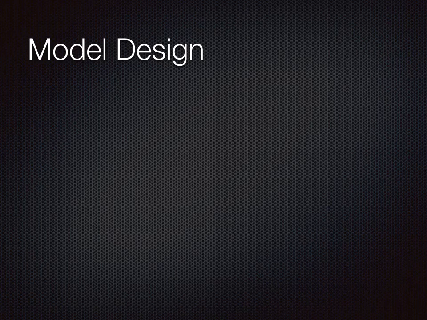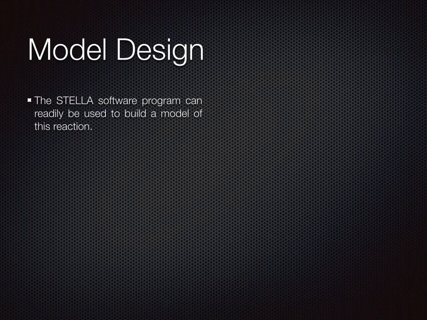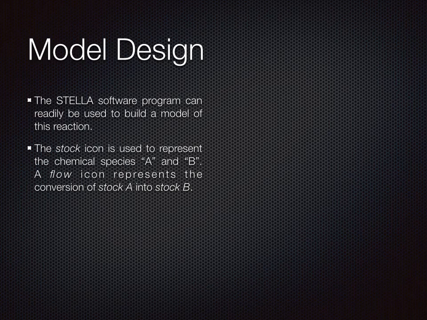Now we have reached the model design part of this video, and we're going to go to Stella software to build this model. Our model will have two stock icons that will represent compound A and compound B, and a flow icon that will be called reaction.